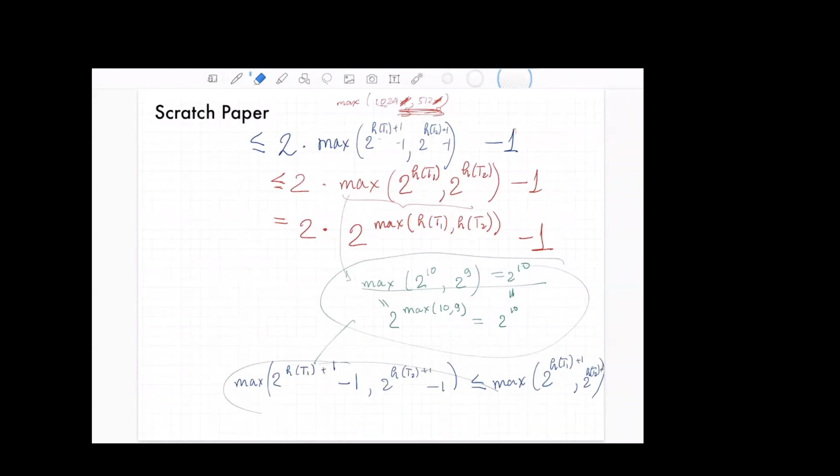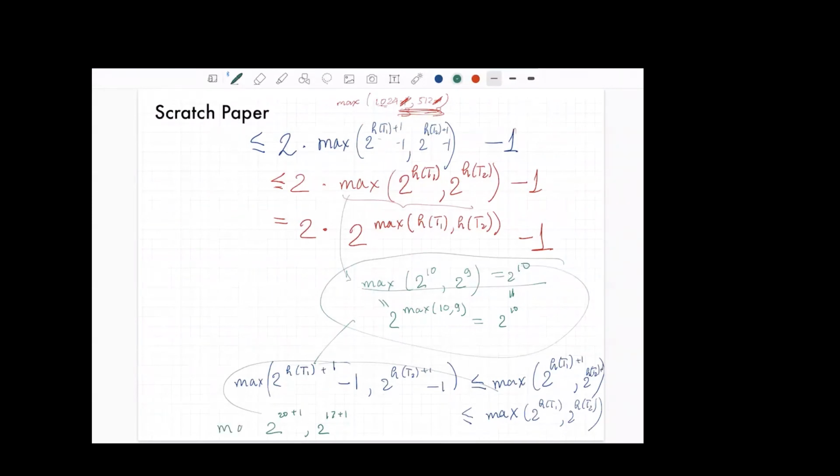Now, if we agree with this piece, then my claim is that this is also smaller than 2 to the ht1, 2 to the ht2. Okay, so again, let's write in green why that would be the case. So here I have 2 to the, let's say 20 plus 1, 2 to the 17 plus 1.